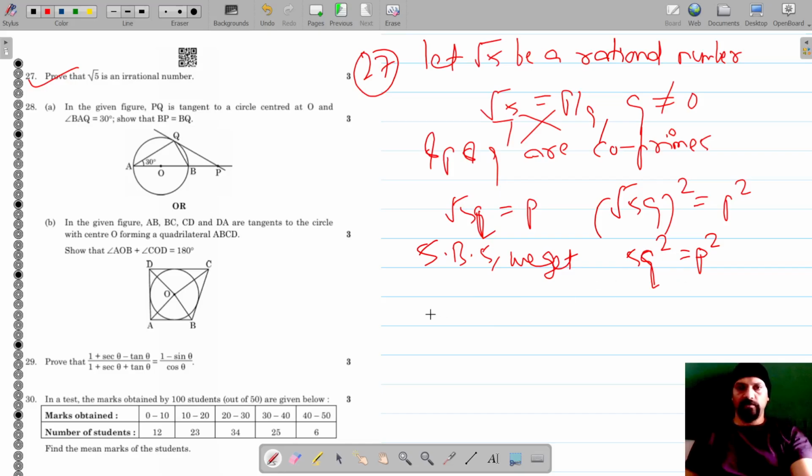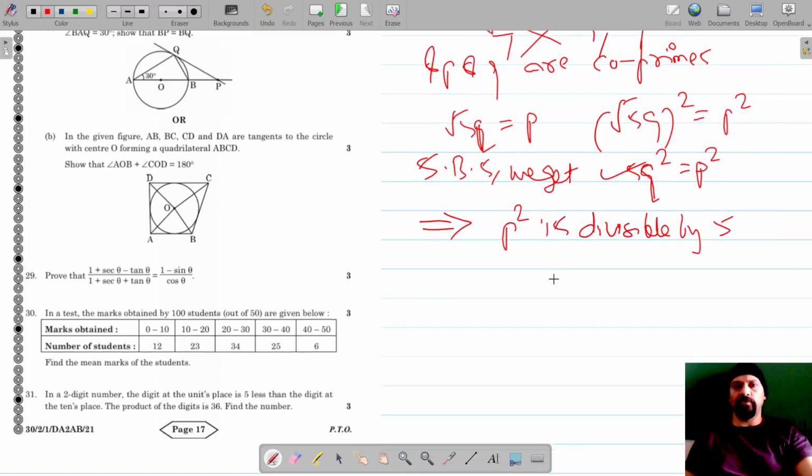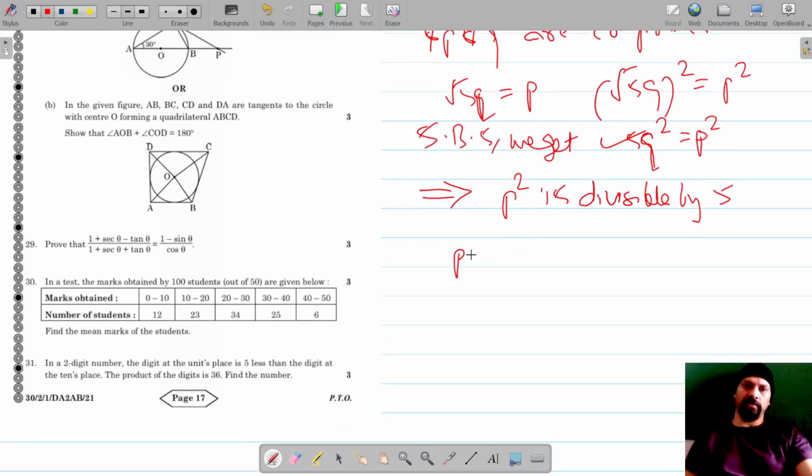co-primes, which means that p square is divisible by 5. And if p square is divisible by 5, the square of a prime number being divisible by 5, then that prime number is also divisible by 5 according to the theorem.